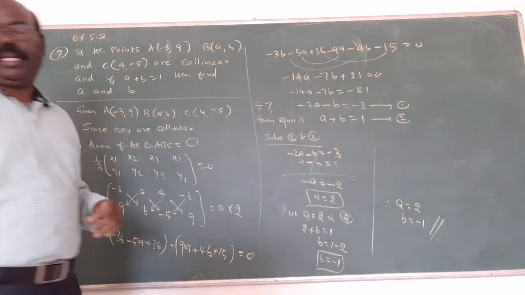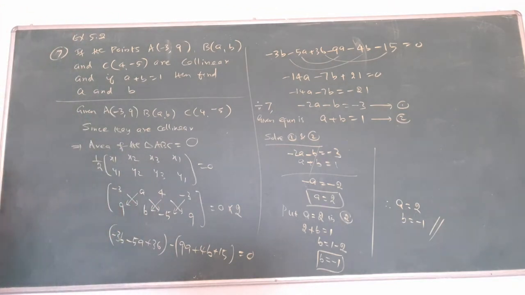This is also the final question, by using the collinearity idea and solving the two equations, we get the values of a and b. 2 comma minus 1 is the answer.